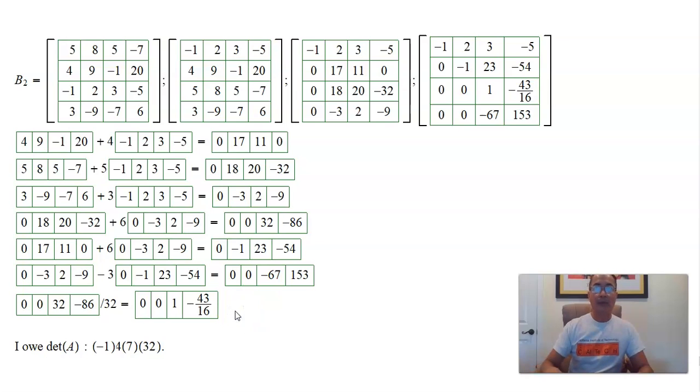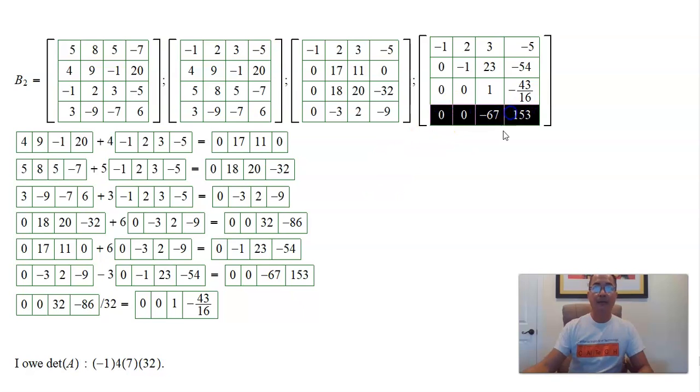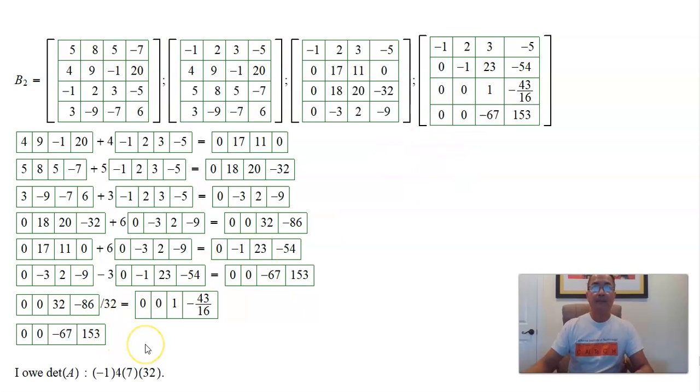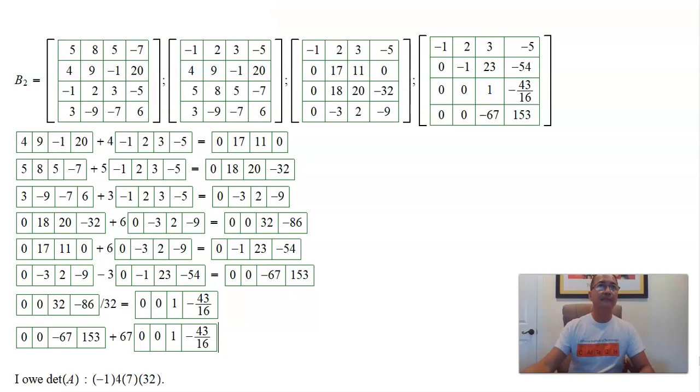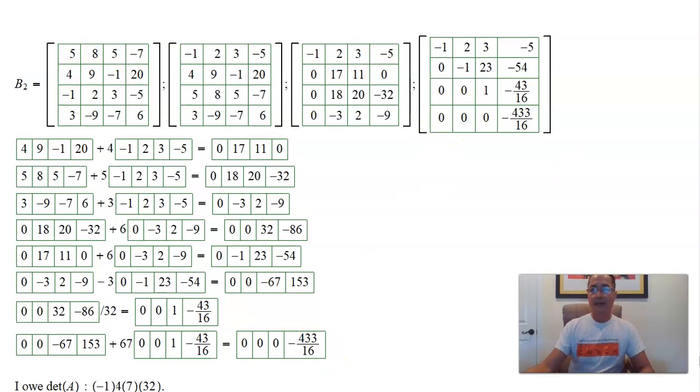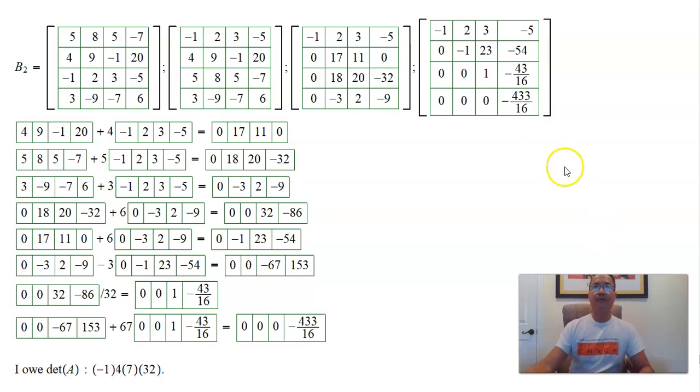And now we will clean up our negative 67. And we have row 4 plus 67 times row 3. Okay. So that will be the new row 4. And there we go. We have reached a triangular matrix, an upper triangular matrix.